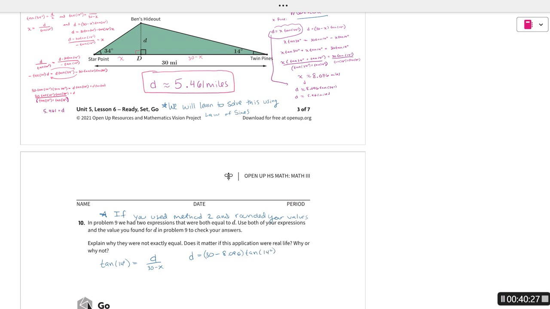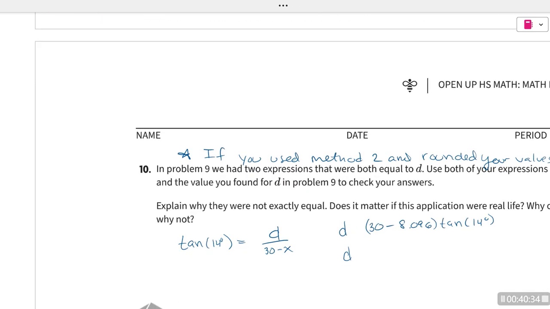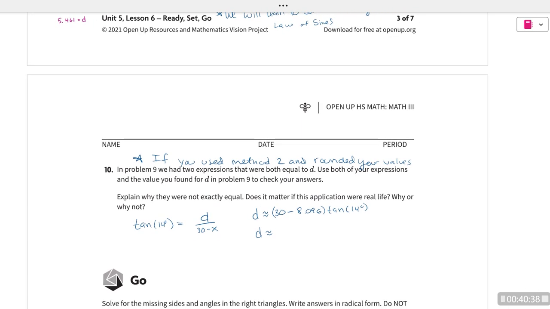So I multiply both sides by that 30 minus x. If I were to use this one instead, this is a rounded value, so I'm going to do approximate. Let's pull our calculators out and type this in. So 30 minus 8.096 gives us about 21.904 times tan of 14 degrees.